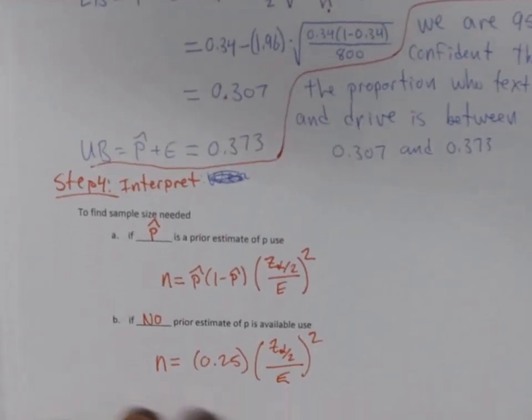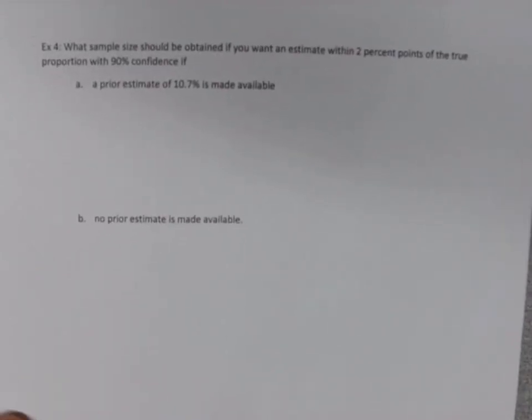All right, we are going to look at an example of this now. What sample size should be obtained if you want to estimate within 2 percentage points of the true proportion with 90% confidence, if, part A, a prior estimate of 10.7% is available?